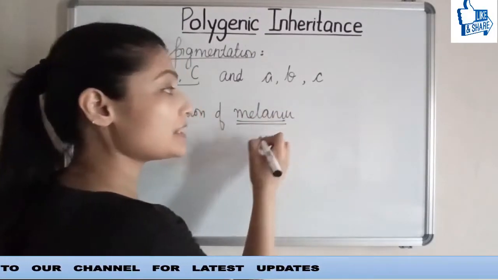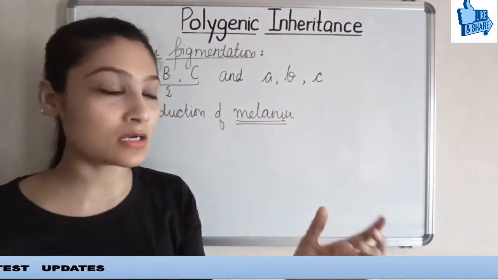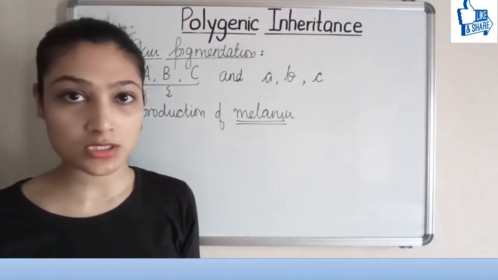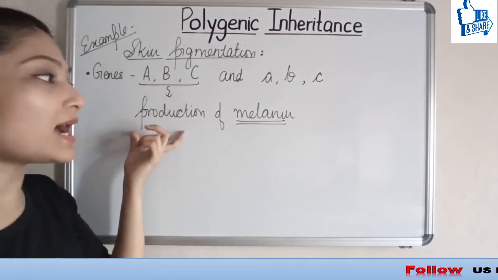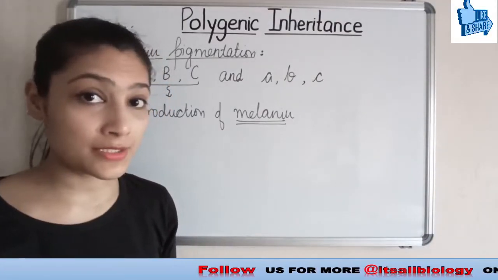This melanin is ultimately going to give your skin its color. So this word is important here. The dominant genes are going to be responsible for the production of melanin.